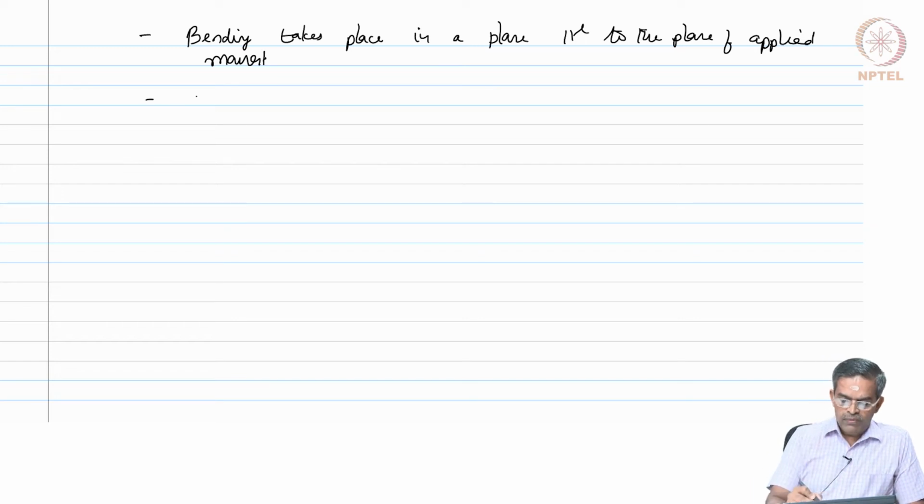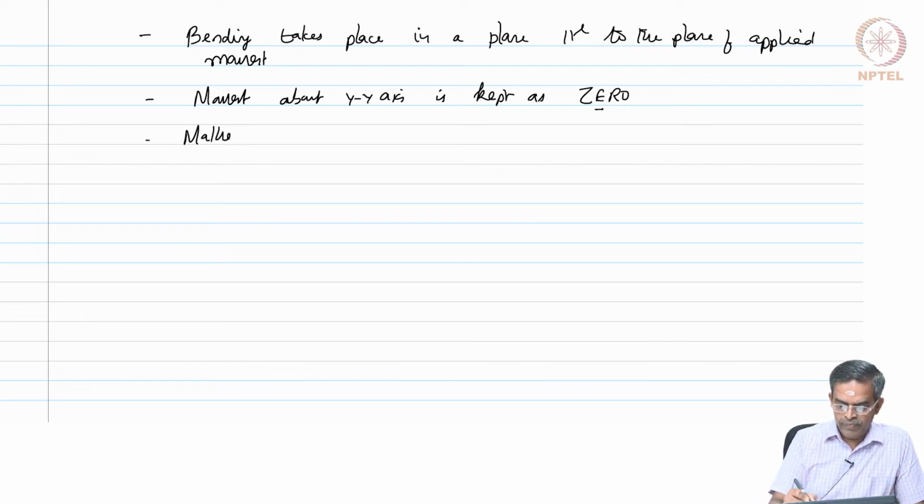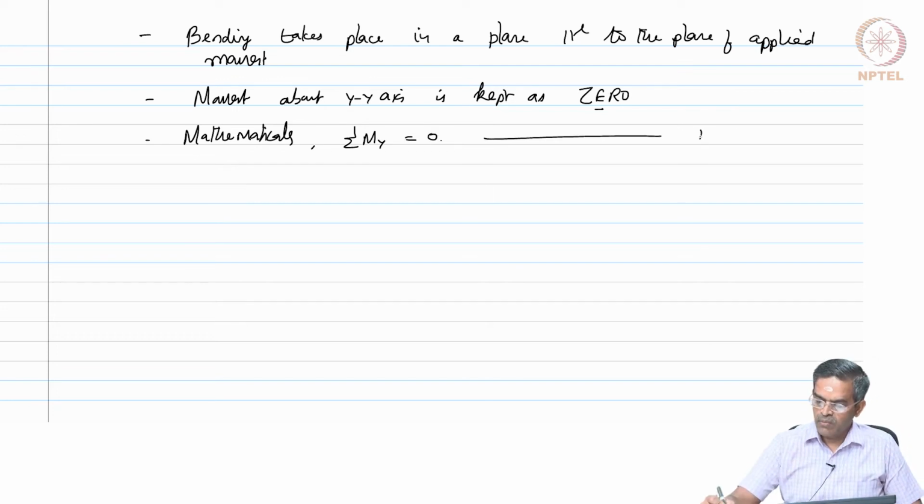So, therefore, friends, we know that moment about y axis is kept as 0. Mathematically, the algebraic sum of moments about y is 0. We call this equation number 1.